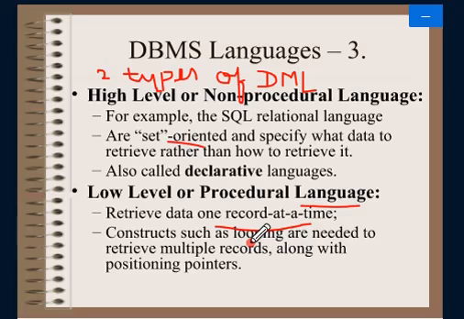Low level DML is also called record at a time. High level DML is also called set at a time, or set oriented DML. A query in high level DML often specifies which data to retrieve rather than how to retrieve it.